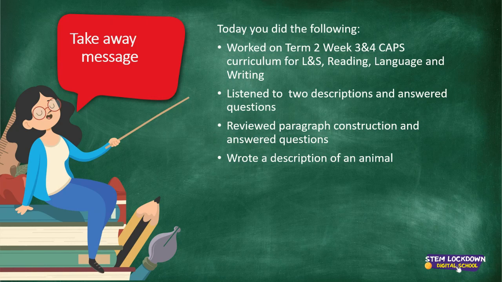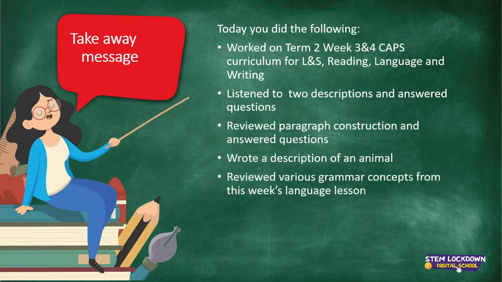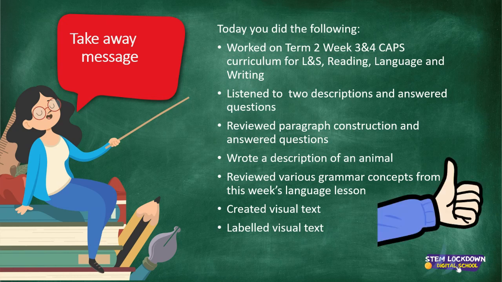You wrote a description of an animal. You went over some of the grammar we've done this week. You created visual text by drawing your leopard. And you labeled your visual text. Those are all the things we had to do from the CAPS. So, well done, everybody. Well done.